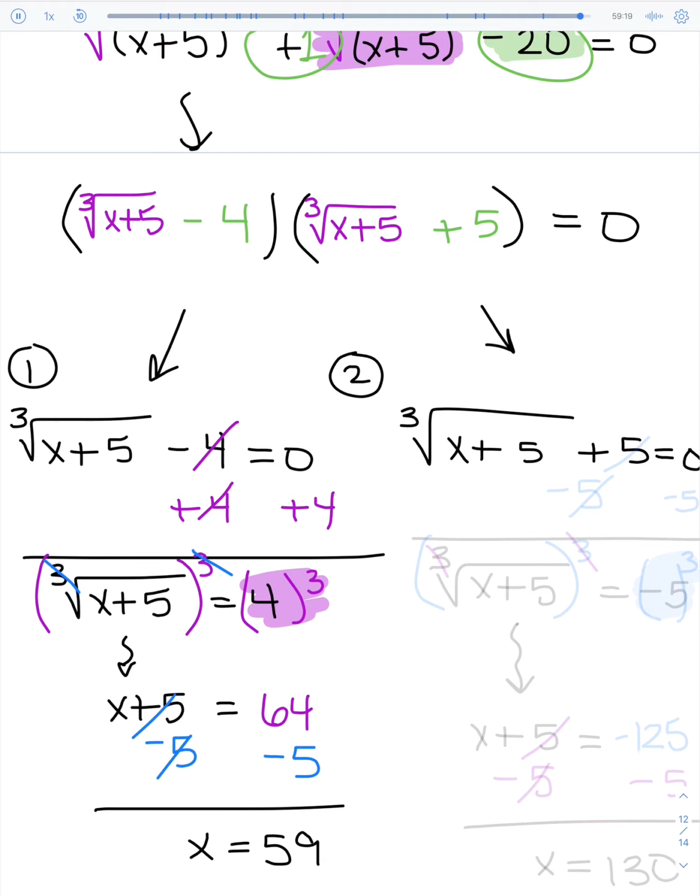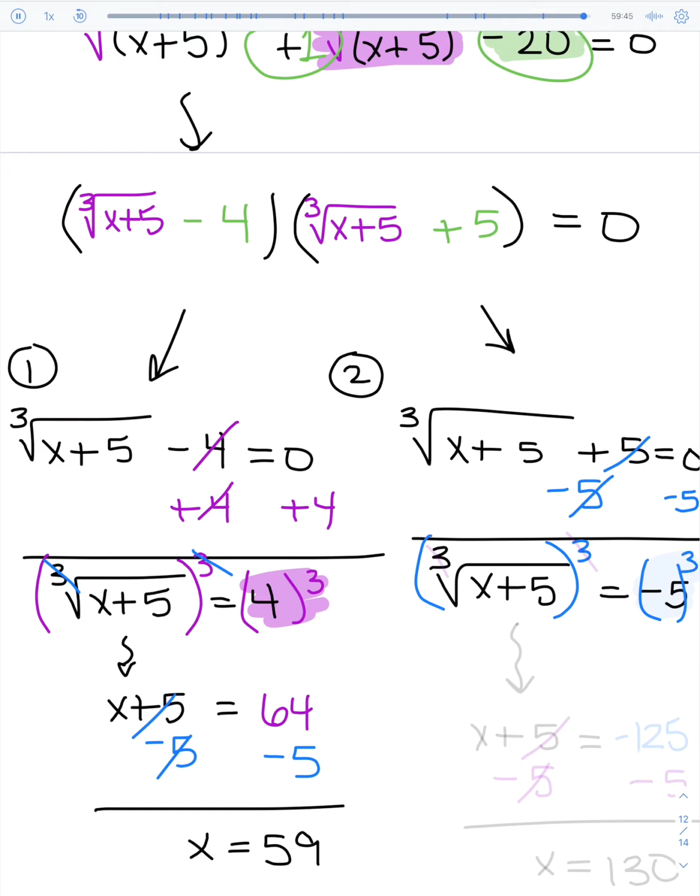Now let's take a look at the second equation. The next one, we're going to start off the same way by subtracting 5 from both sides. And what that will now give us is that the cube root of x plus 5 equals negative 5. And then we will cube both sides of the equation.